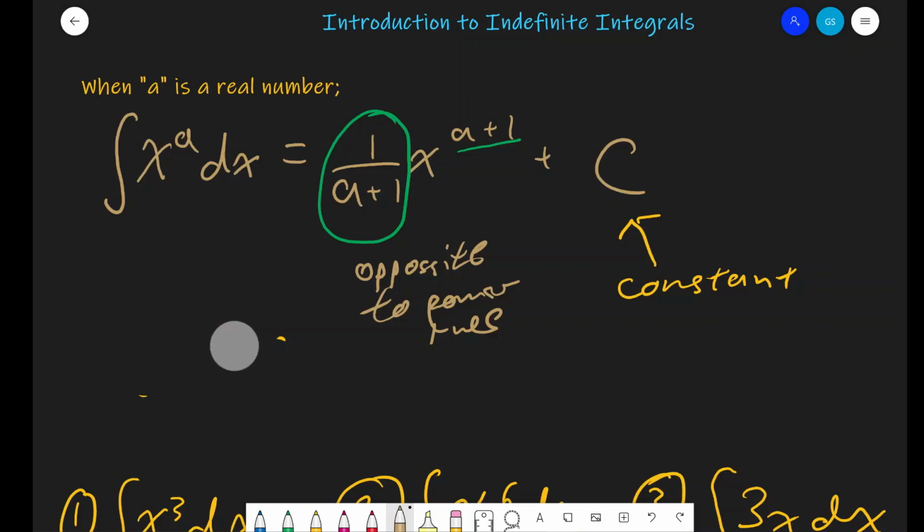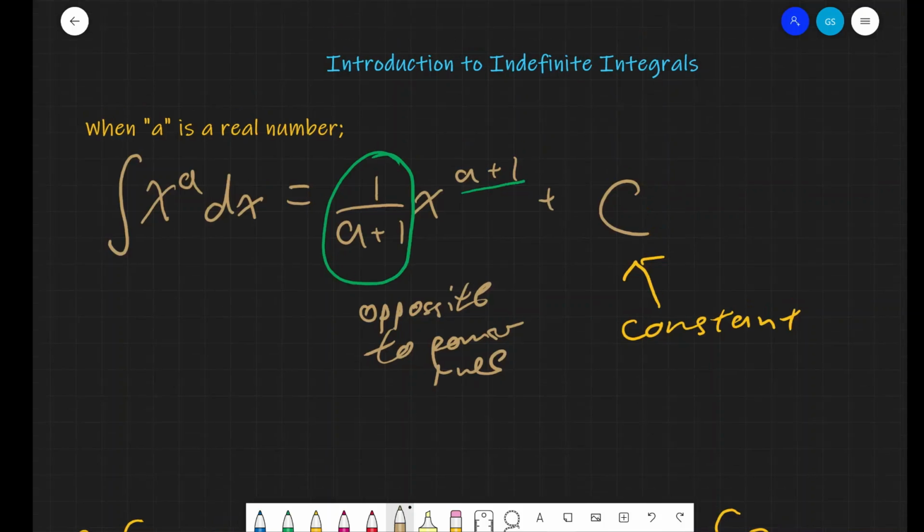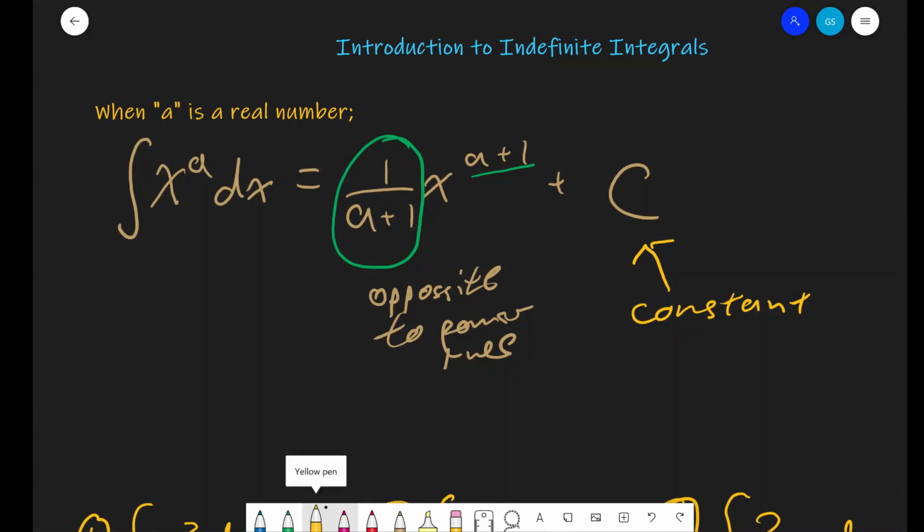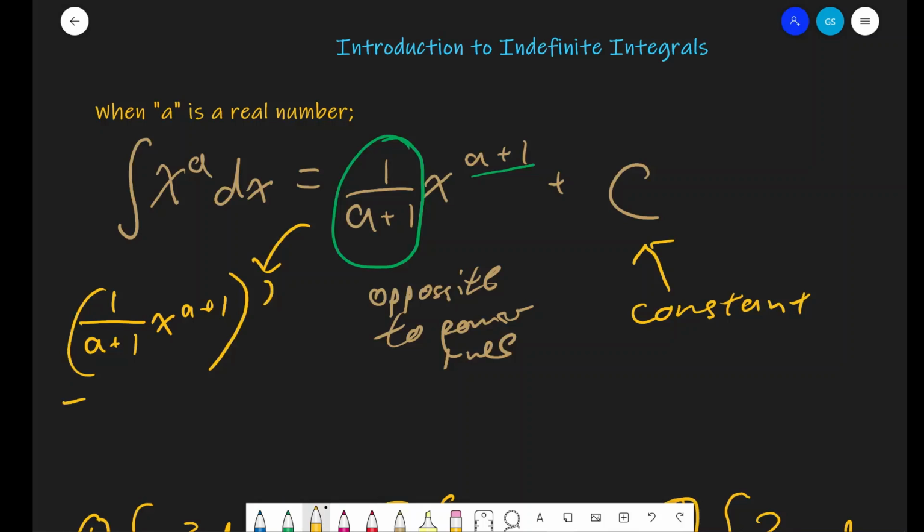So let me just erase this. I was saying it's opposite to the power rule, so let me show it to you. If we take the derivative of this, 1 over a plus 1 times x to the a plus 1, we know that in the power rule you swing over the exponent.